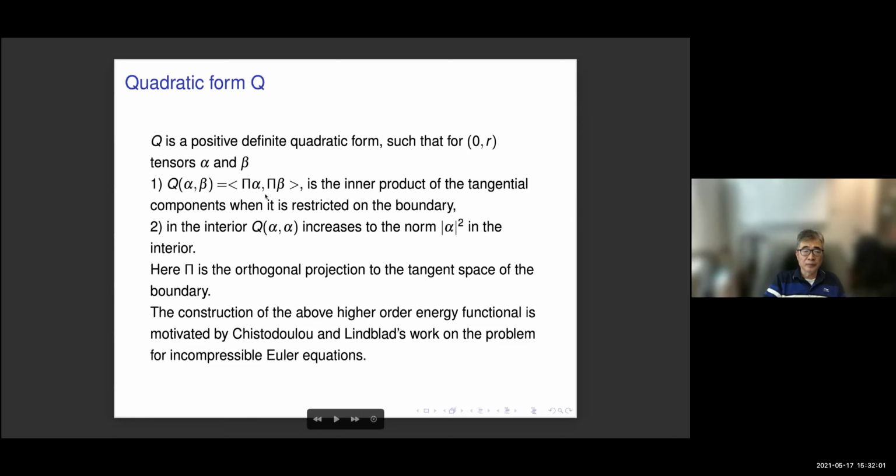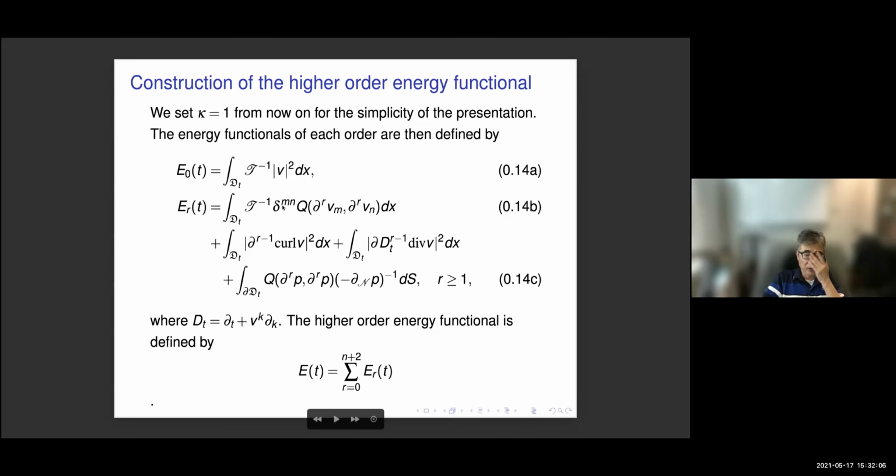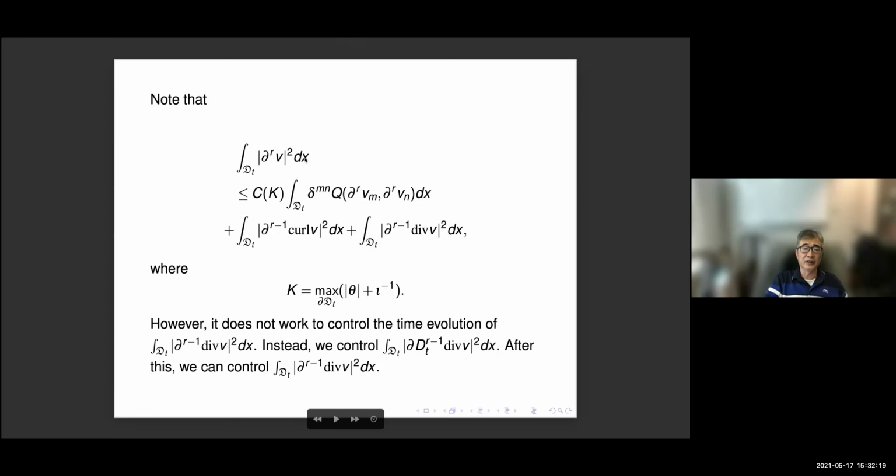Let me come back to that energy functional. So we got this. If we look at the interior integral, there is an important thing here, it's actually the Hodge type decomposition. So the L2 norm of the r-th derivative of V is bounded by this.